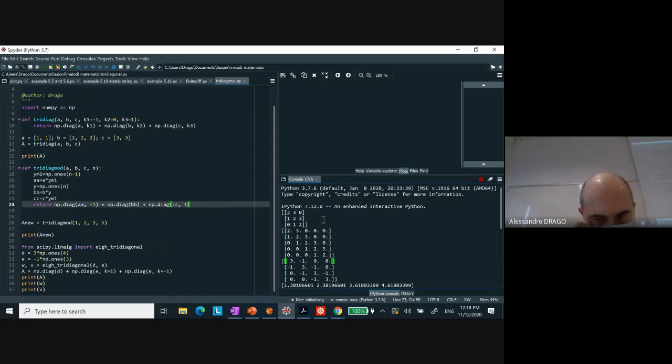Final thing, even though for the moment we are not using it, I want to try to use it in some of the next lessons. If I am dealing with a tridiagonal matrix and I want to do something connected with linear algebra, there are specific routines for doing linear algebra with, for instance, tridiagonal matrices.